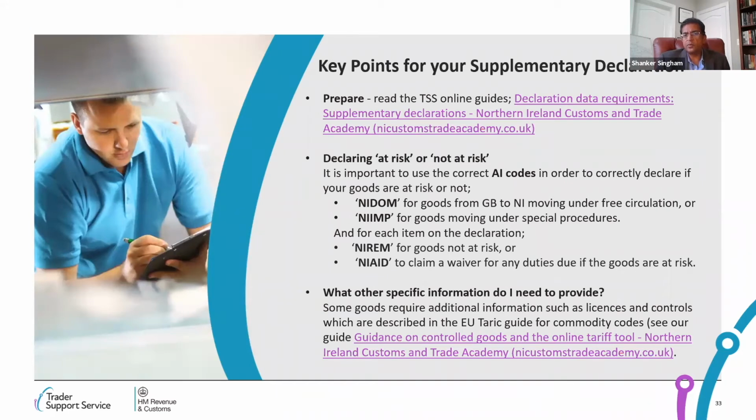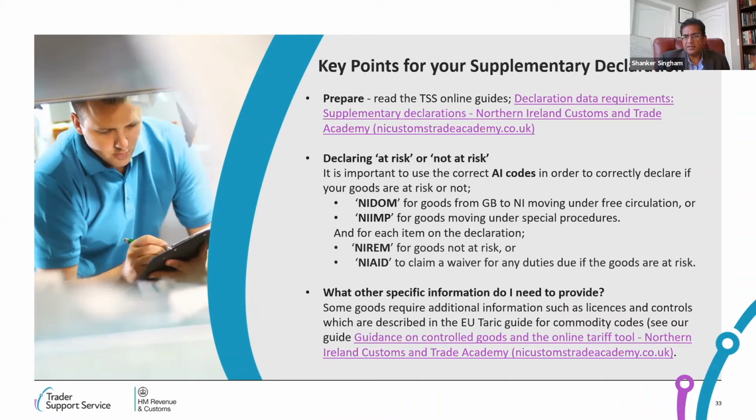You need to determine, obviously, whether you're going to be declaring not at risk or at risk. It's a fundamental difference. And that's the difference between use the NIREM code if you're declaring goods at risk. Use NI aid if you're going to be claiming a waiver. NI DOM and NI imp reflect what you would do. That's what you put on the header when you do the initial declaration. NI DOM is the standard route GB-NI free circulation.